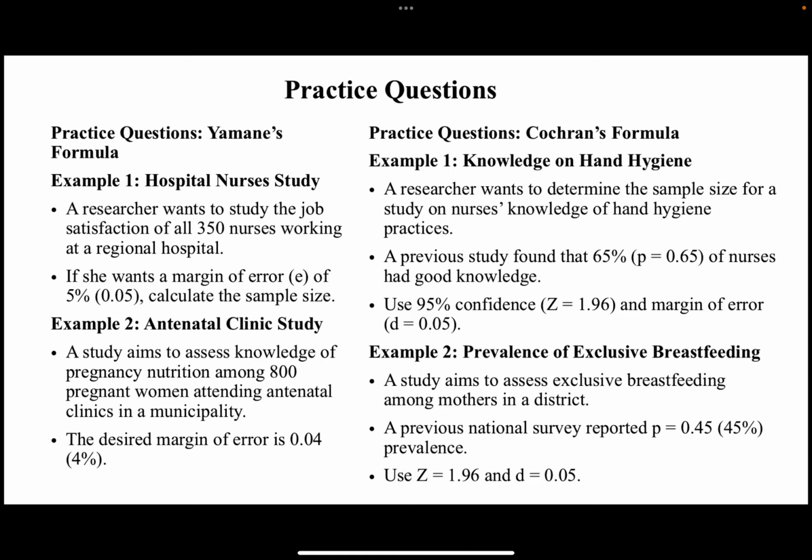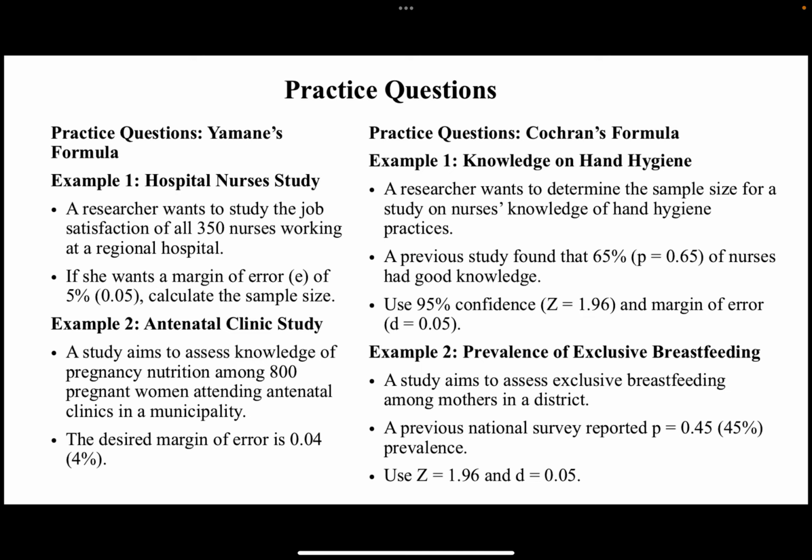Look at the Cochrane formula. For example, a researcher wants to determine the sample size for a study on nurses' knowledge on hand hygiene practices. The previous study found that 65% of the nurses had good knowledge.